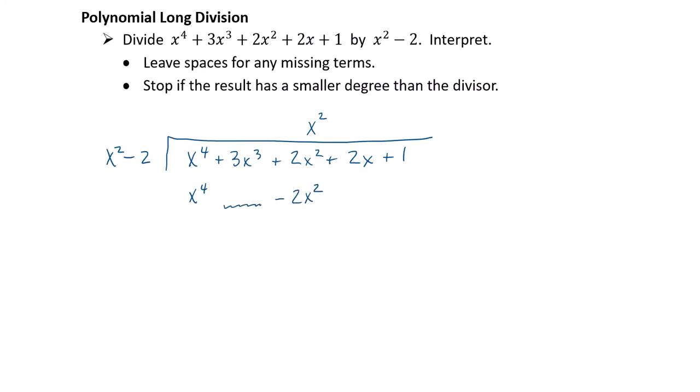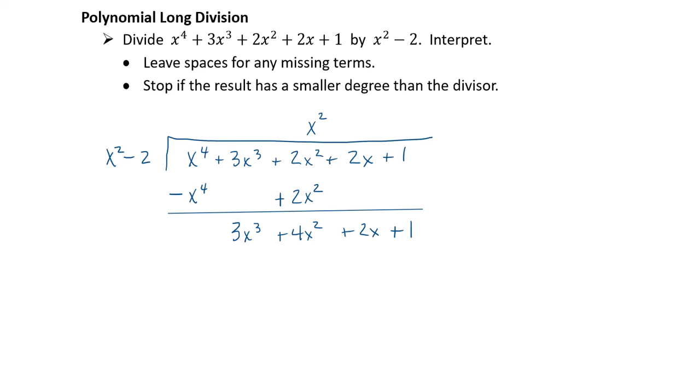Notice I left a space because we need to keep our x to the fourths in the same column and our x squareds in the same column. Draw your line, change your signs, and combine down. My x to the fourths cancel out, and I have 3x cubed plus 4x squared plus 2x plus 1.